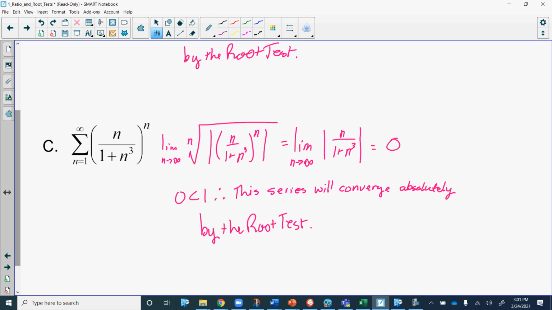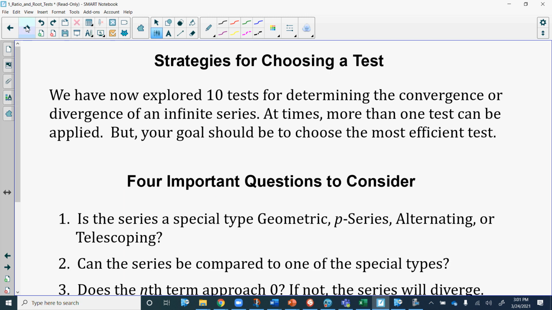So hopefully you have a pretty good handle on the root test and the ratio test at this point. Now this last little bit is just going to be, okay, so we've talked about all kinds of different ways to show convergence or divergence. We've talked about the nth root test, the geometric series test, p-series, direct comparison, limit comparison, a whole bunch of different things.